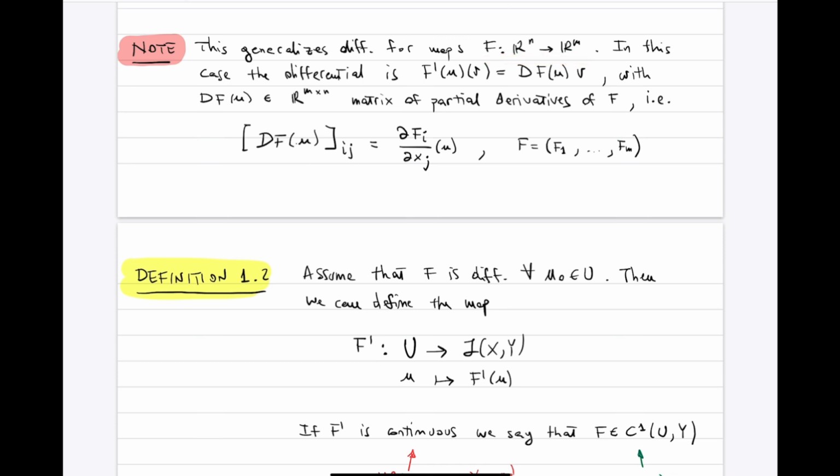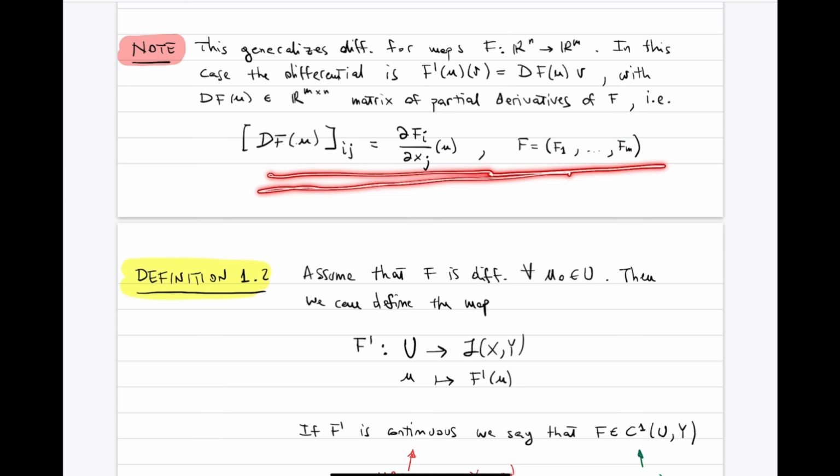In this case, if f is differentiable, you know that the differential in the Euclidean sense is given by the Jacobian matrix, right? Which is denoted like this. So df at u is just an m by n matrix whose entries are the partial derivatives of f, as is written here.